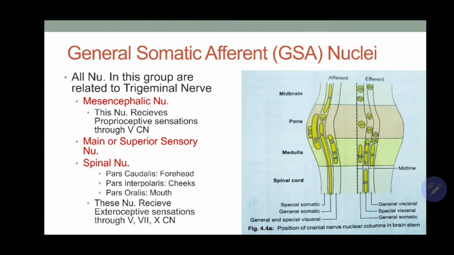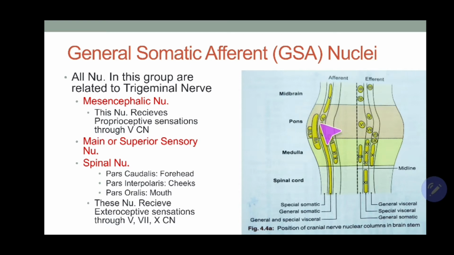Now the next functional column is general somatic afferent. General somatic afferent functional column. This functional column, can you see here, right? Lateral to this visceral afferent functional column is this general somatic afferent, and this is completely taken up by the trigeminal nerve nucleus, which has three components.